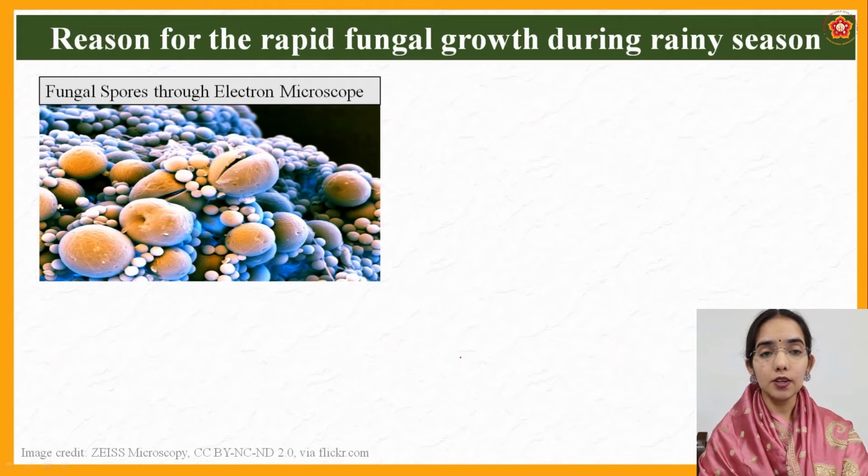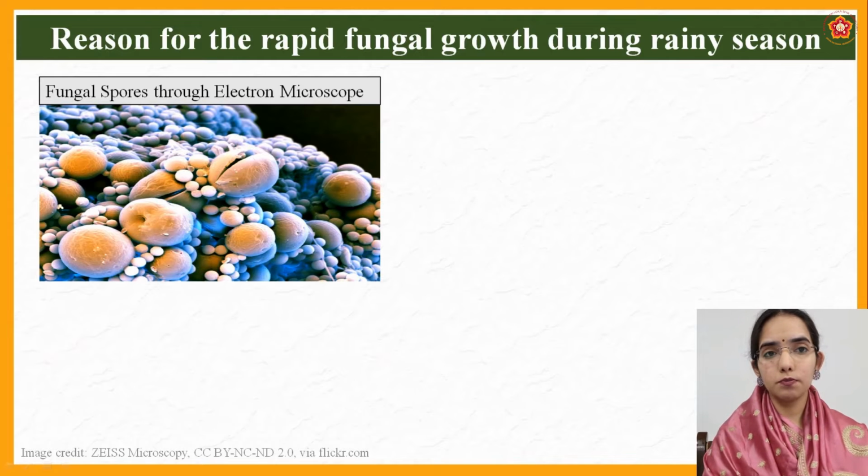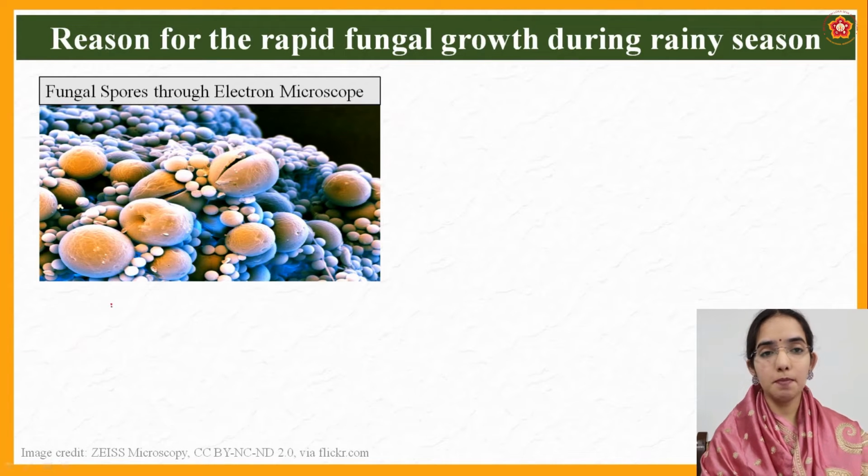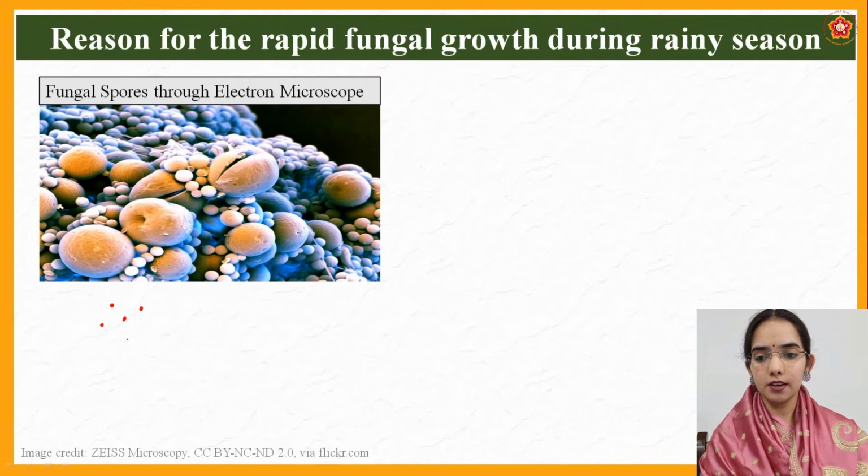So you can see this is an image of fungal spores, and it is through an electron microscope. So it is a magnified view of fungal spores. These fungal spores are very small, very minute, and they are present in our atmosphere, in the air, and you can only see them through microscope.